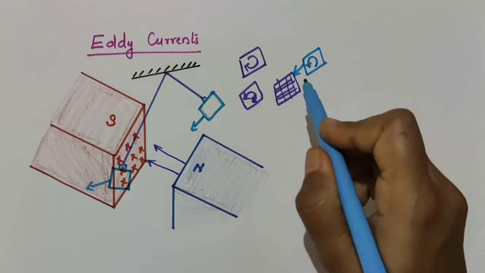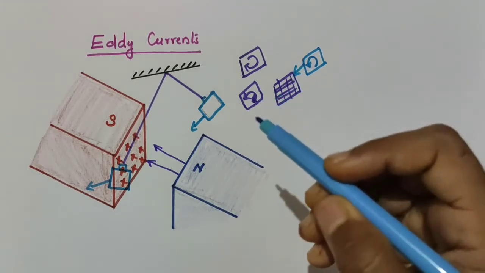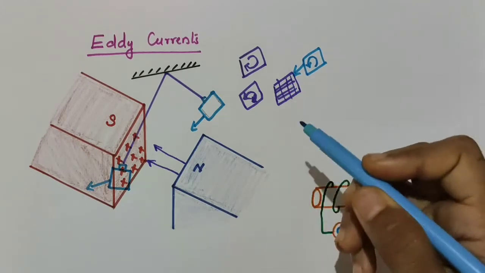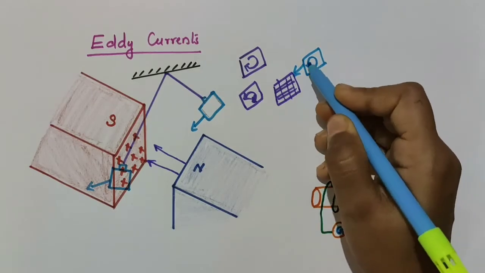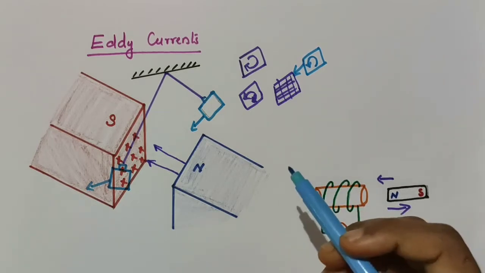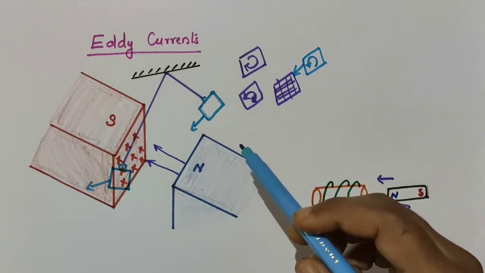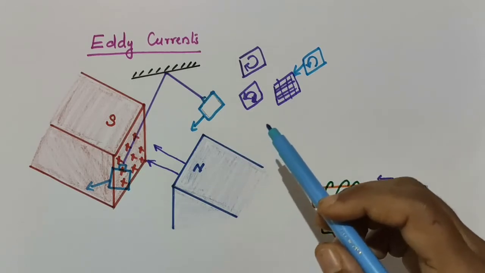Electrons will circulate in such a direction that the current produced is in the anti-clockwise direction, so electrons will be moving in the clockwise direction. Why I said anti-clockwise direction only? That I will explain to you. So electrons in the copper plate start circulating in such a direction that the current produced is in the anti-clockwise direction.